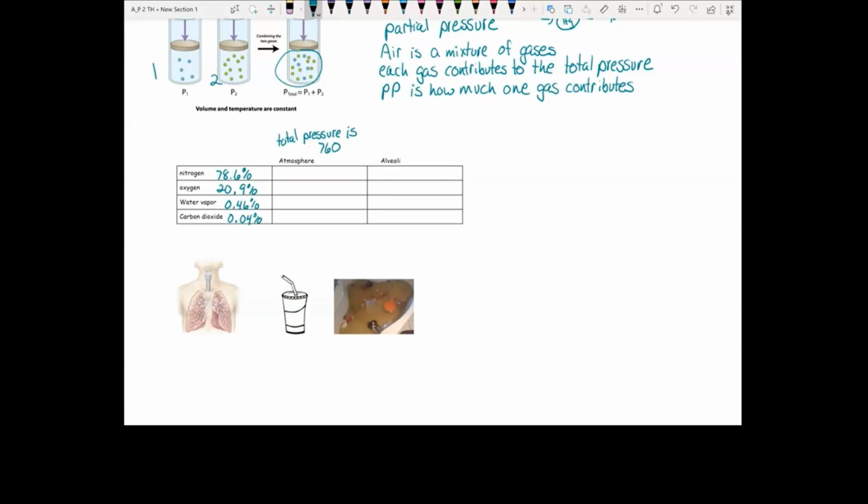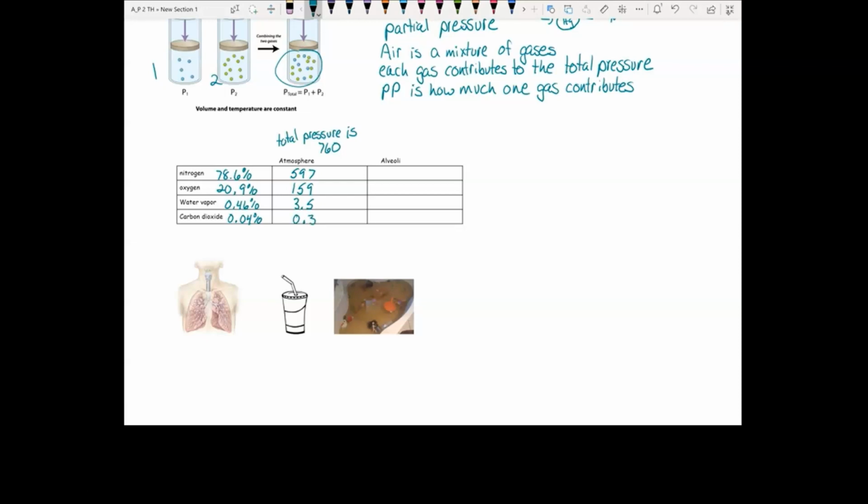If we know the total pressure is 760, and we know that nitrogen is 78.6% of that, we just take 78.6% of 760, and that comes out to 597. If we take 20.9% of 760, we get that oxygen has a partial pressure of 159. Water vapor is 3.5, and carbon dioxide is 0.3.